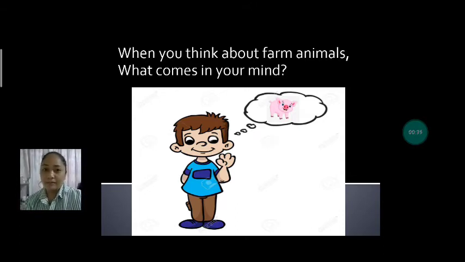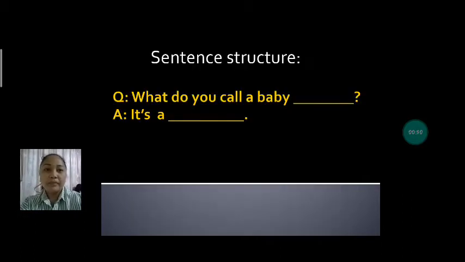A goat? A sheep? A cow? A dog? Or a chicken? Our sentence structure for today is, what do you call a baby blank?